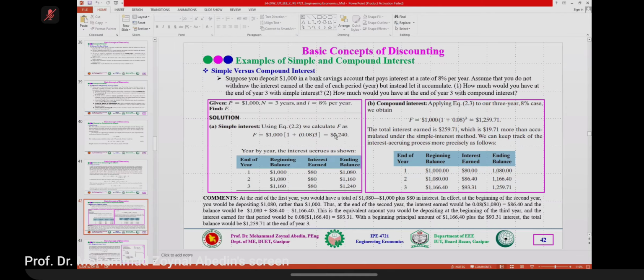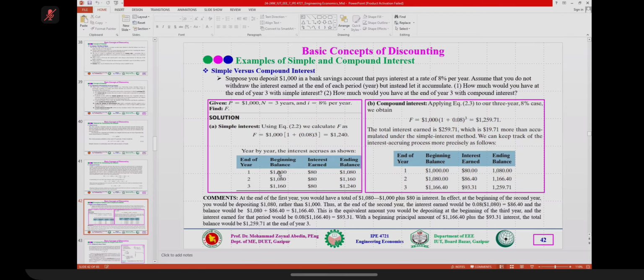This value has come from your $1,000, and the remainder is the interest added to your principal. Let's see year by year how the interest occurs, as shown: end of year, beginning balance, interest earned, ending balance. In the first year, started from 0, you invested $1,000 as the beginning balance.